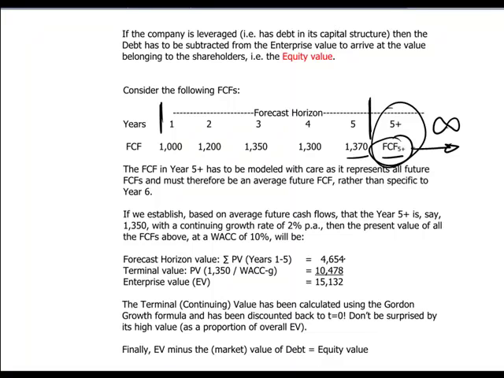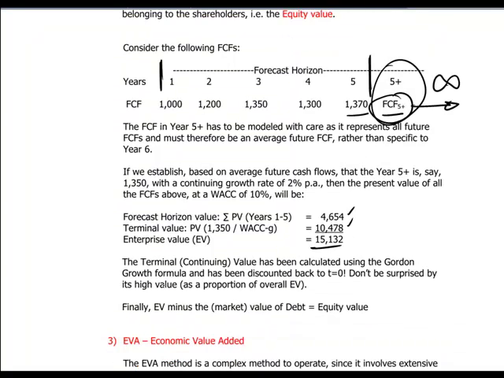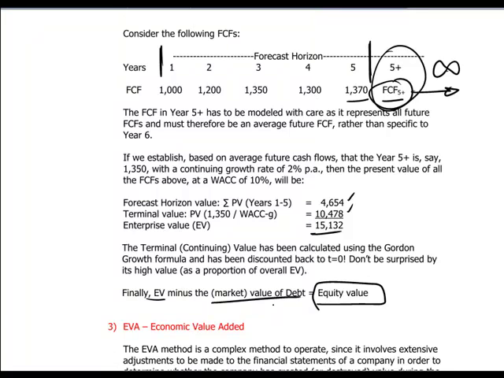Doing the discounting, adding back the present value of the forecast and the terminal value numbers to arrive at the enterprise value. And finally, to achieve the equity value of the business, we simply need to deduct from the enterprise value the market value of the debt which is in the company.